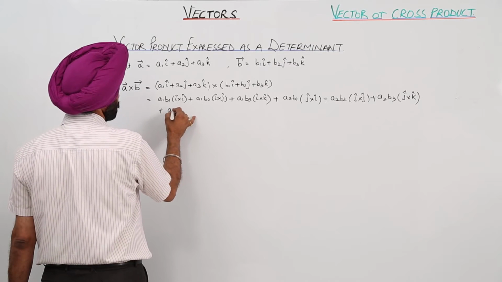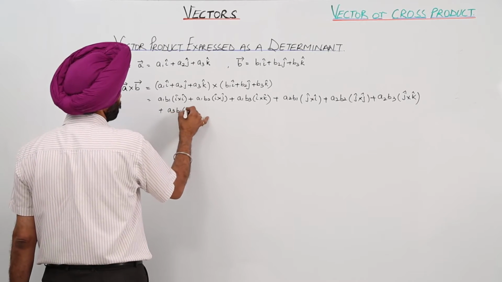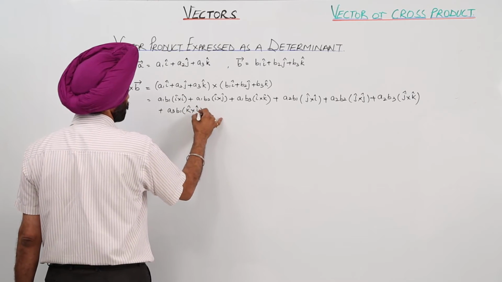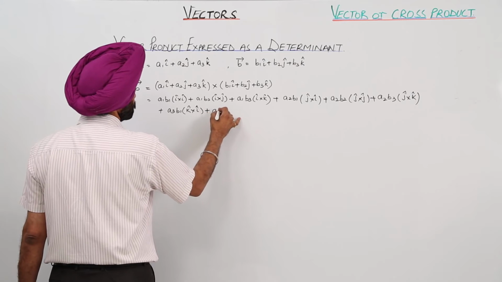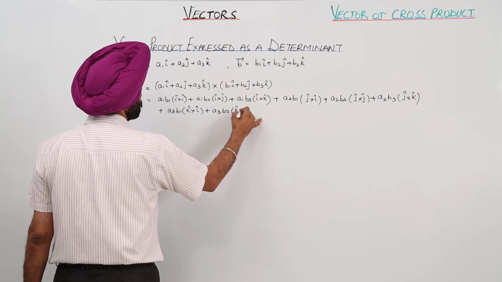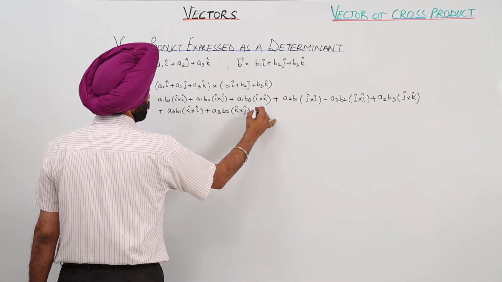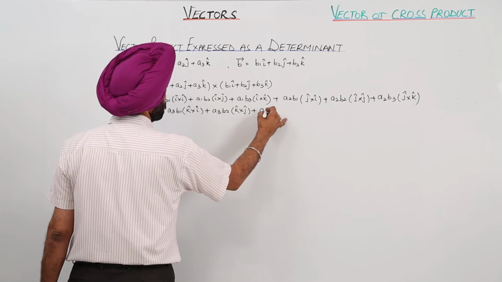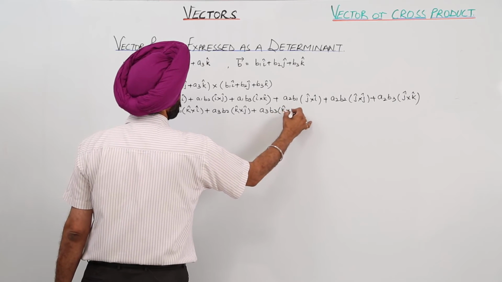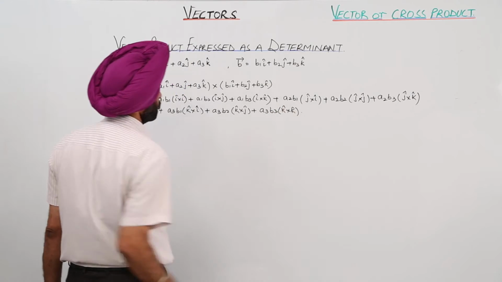Now a3 b1 with k cap cross i cap, plus a3 b2 with k cap cross j cap, plus a3 b3 with k cap cross k cap.